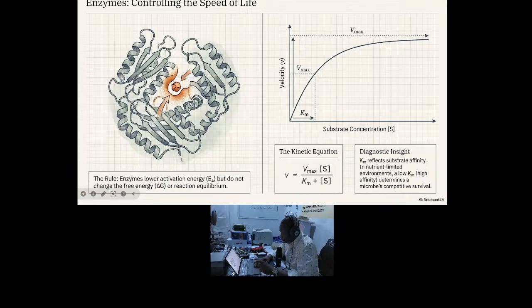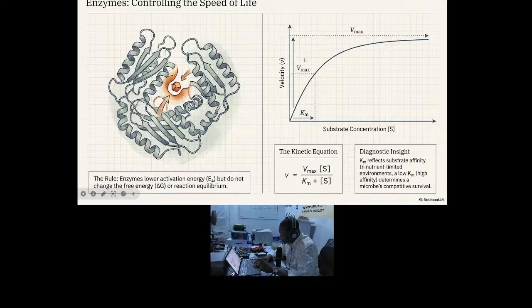So what we are saying in essence is that this is the enzyme, sorry, this is the protein, and this is the active site. Once the substrate binds to it, let's look at this graph. You can see the substrate concentration, and the velocity is this one.